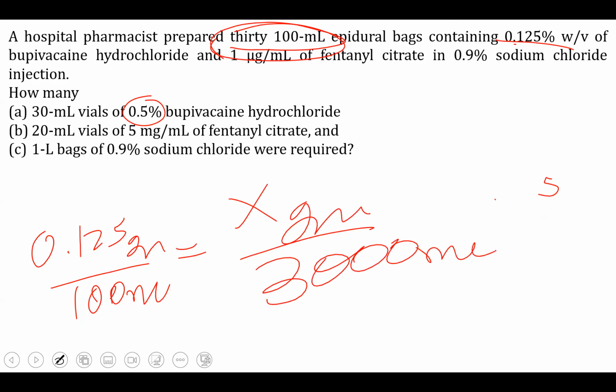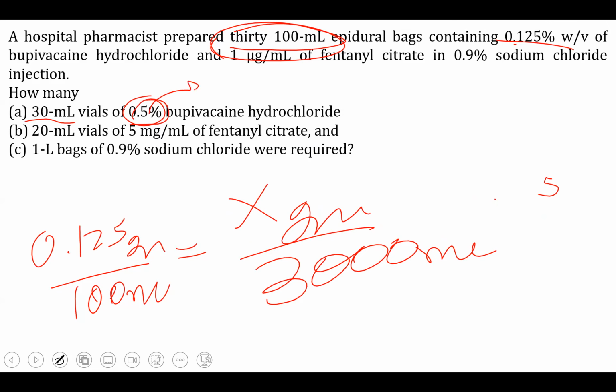So that many grams you need to make 3000 ml of 0.125% bupivacaine. Now with that gram amount, you go to your inventory and check, you have a 30 ml vial, 0.5%.